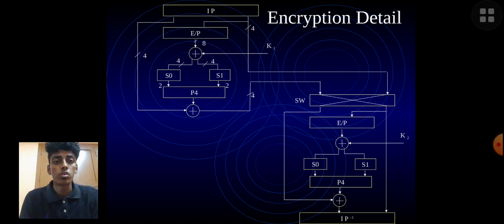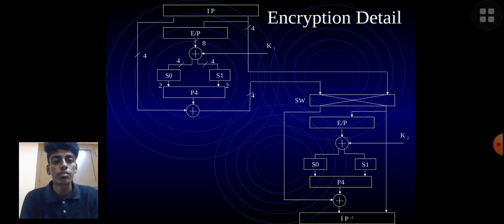The first 4 go to S0 and the last 4 go to S1. S0 and S1 give 4 bits, which through P4 gives the 4-bit P4 output. That P4 we add with the first 4 bits of IP.